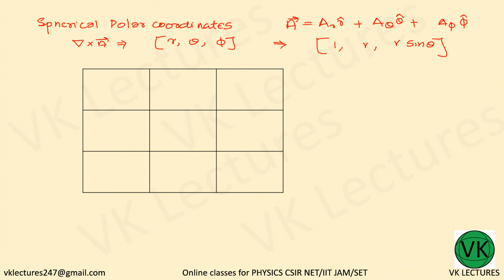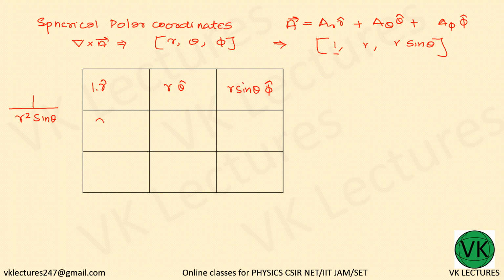So the del cross A is 1 by h1, h2, h3, that is 1 by r square sin theta into r cap, 1 into r cap, that is the metric element 1 into r cap, r into theta cap, r sin theta into phi cap.